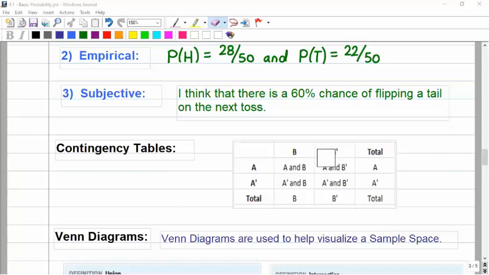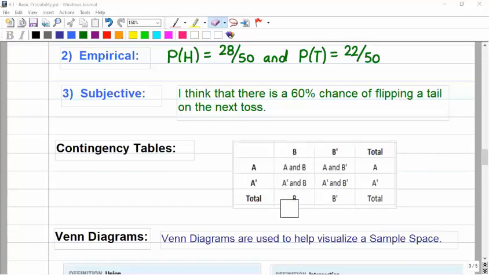And then everything on the inside are ands. Ands means what's in common between the two. So where A meets B is where A and B are in common. I'll write something down here and show you. And this one is not A and B. Then across over here we have A and not B. And then we have A prime and not B prime.